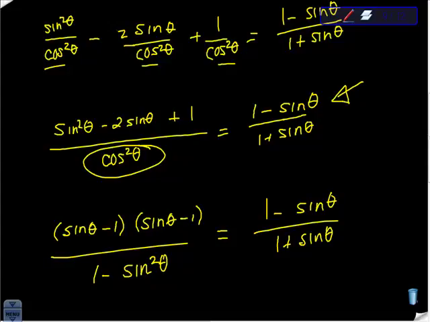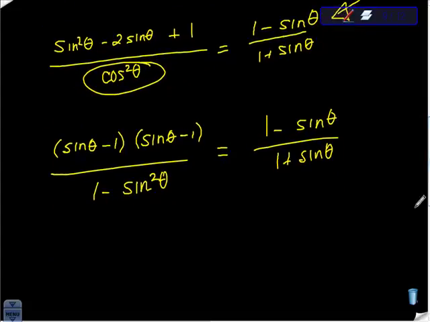How am I doing? So what do we have here? This is a difference of squares, isn't it? So we have sine theta minus 1 at the top, sine theta minus 1 at the top.